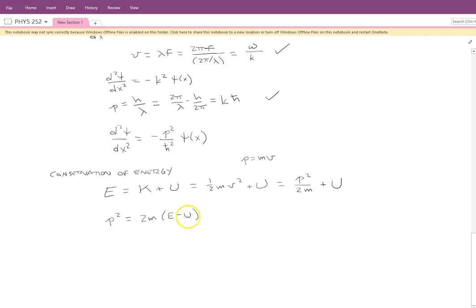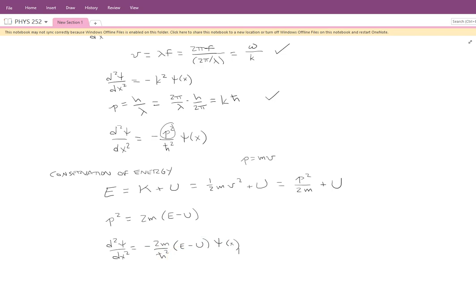I want to put this into the p squared up here. So my differential equation is d squared psi dx squared is minus 2m over h bar squared times the total energy minus any potential energy times the wave function psi of x. Then I can multiply both sides by minus h bar squared over 2m and shift terms around.